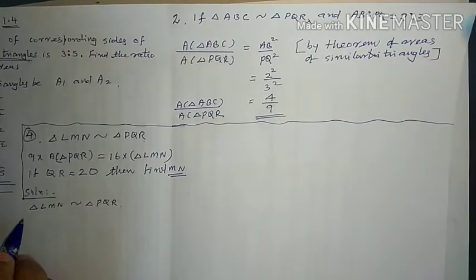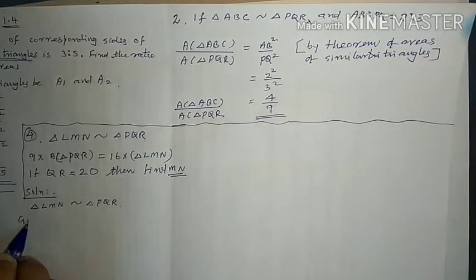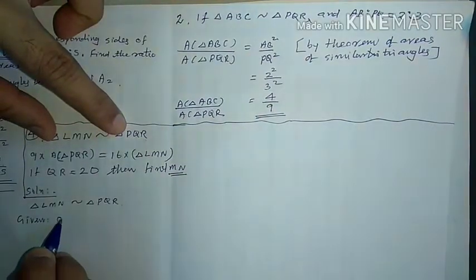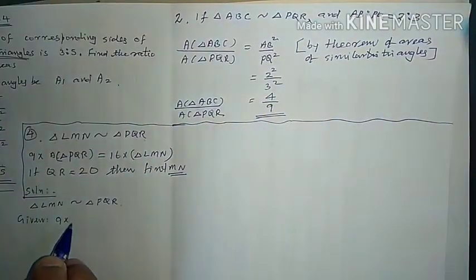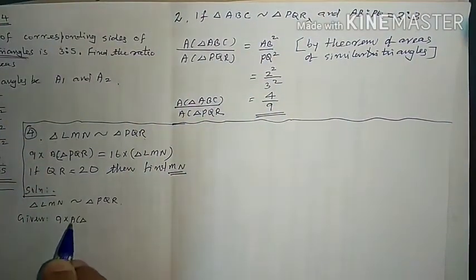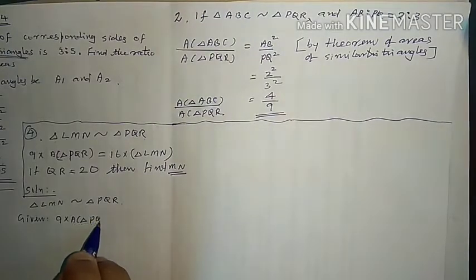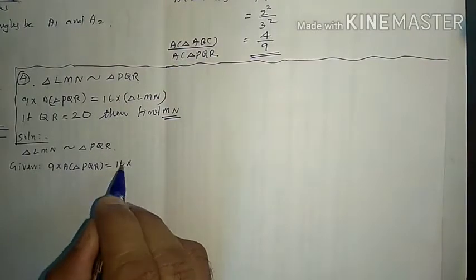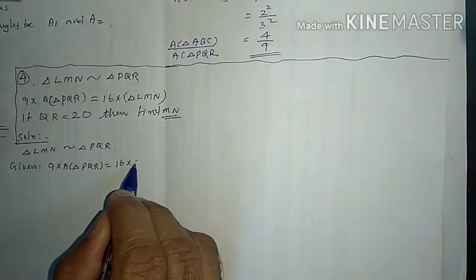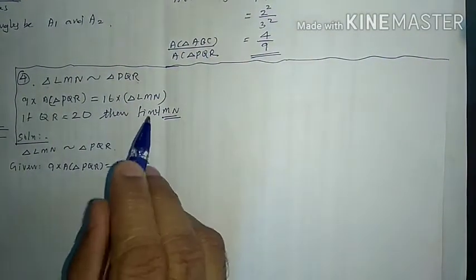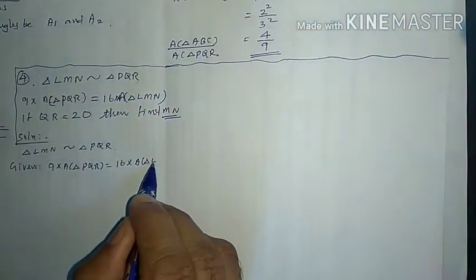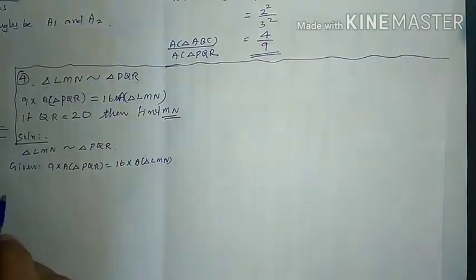Therefore, given here, 9 into area of triangle PQR equal to 16 into area of triangle LMN. That is given.